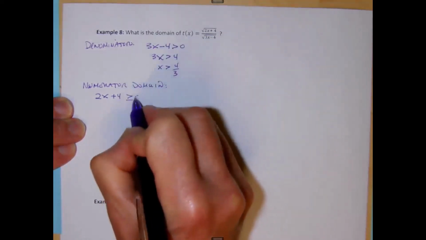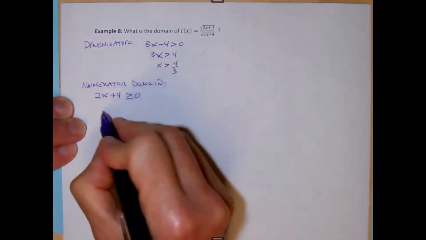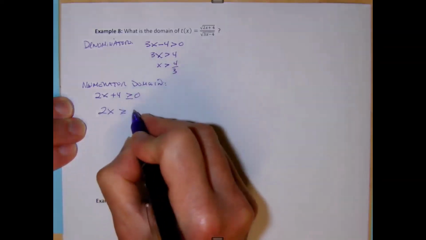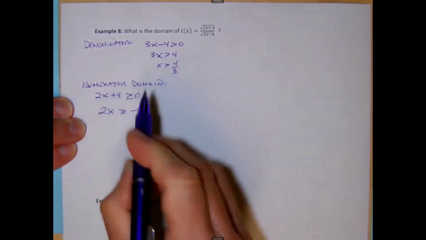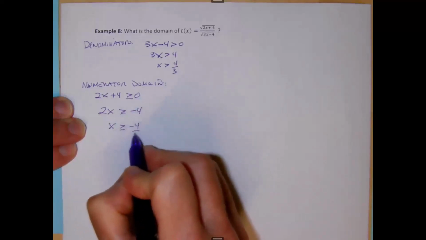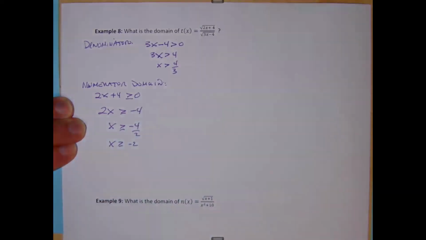It can be greater than or equal to 0. It's in the numerator, so I can make it equal. Again, I will solve for x, subtract 4 from both sides, divide by 2, and I have x greater than or equal to -2.